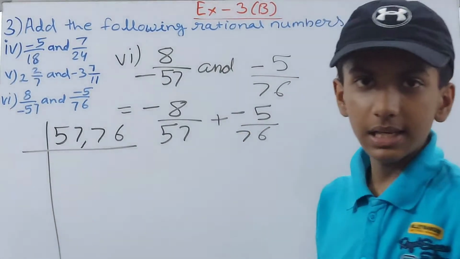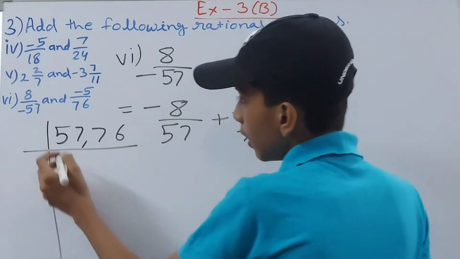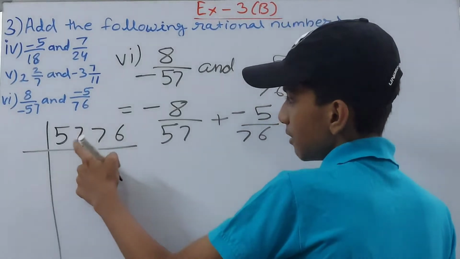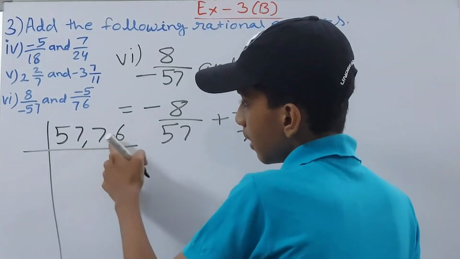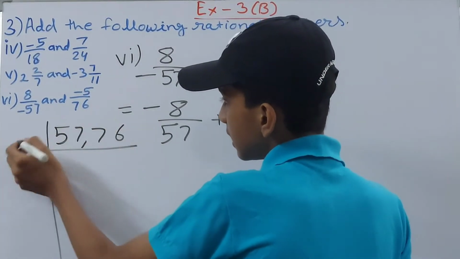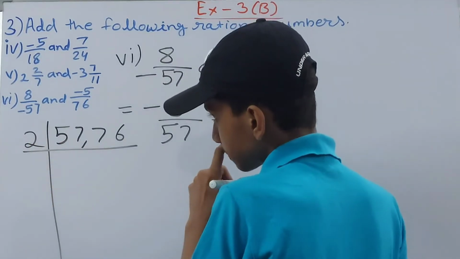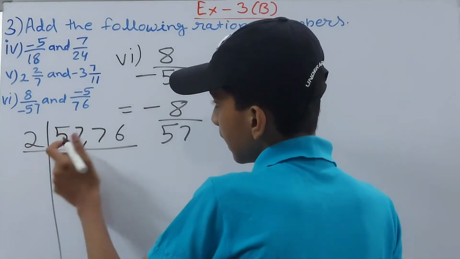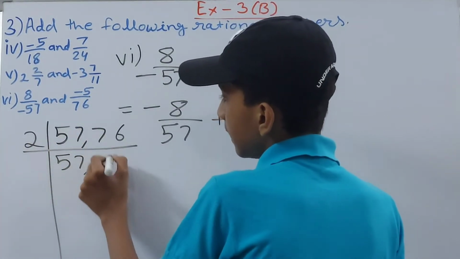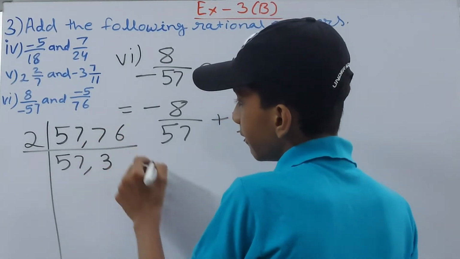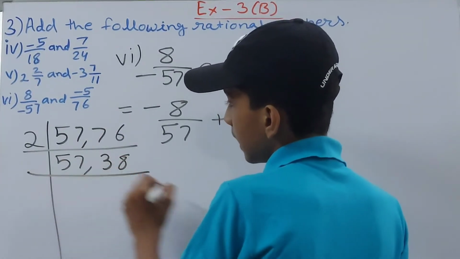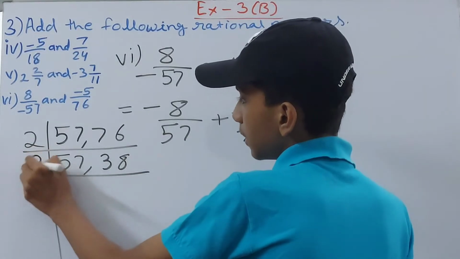Now we can find the LCM, right? So 57 and 76, 57 is divisible by 2? No, it won't be divisible. Let's take it out by 2 then, right? So we'll have here 57, and this will be 38. And now by 2 once again, right?